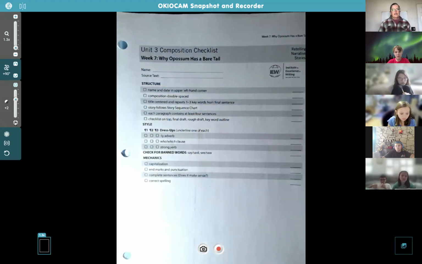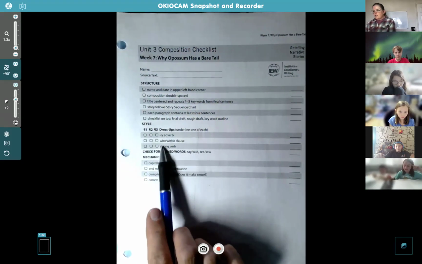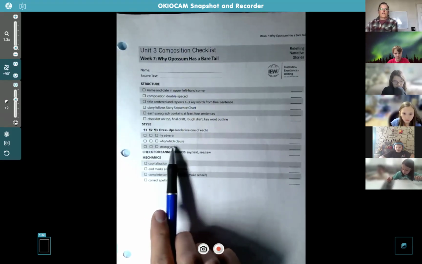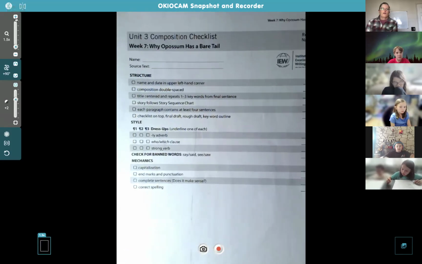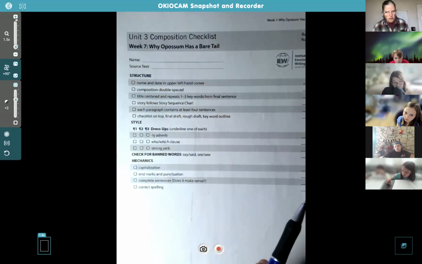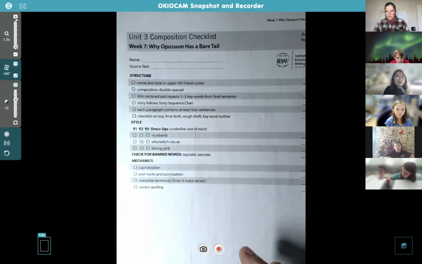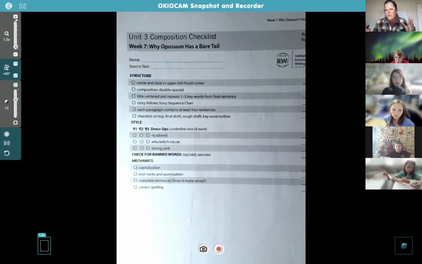And notice there's a new spot on here. Do you see there's a new dress up word? It says strong verb. You guys see that on the dress up list? So now you're going to start looking for strong verbs. Now, a strong verb is an action word. So instead of saying, I went to the store, went is kind of a weak action verb.